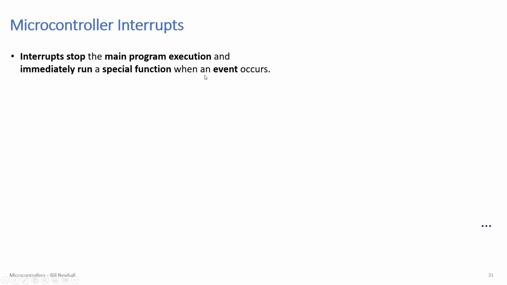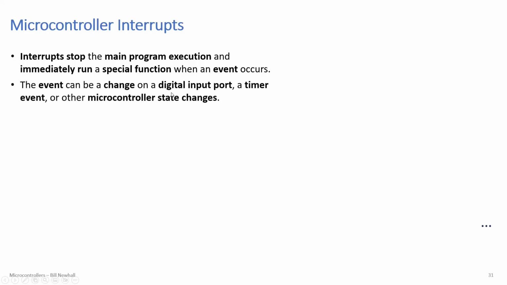If you have a signal from a sensor that changes the digital input port value, or a timer event, the counter rolls over or hits a certain pre-programmed value, or there are other microcontroller state changes, usually called out in the data sheet, then that event can trigger or fire an interrupt.